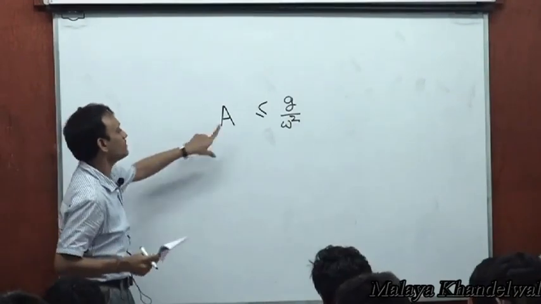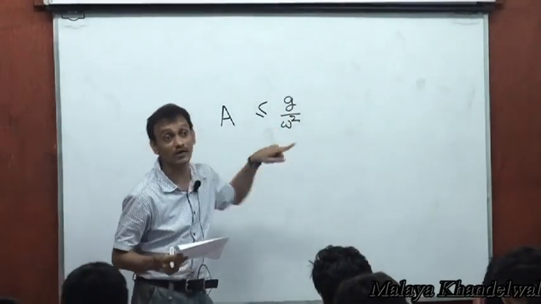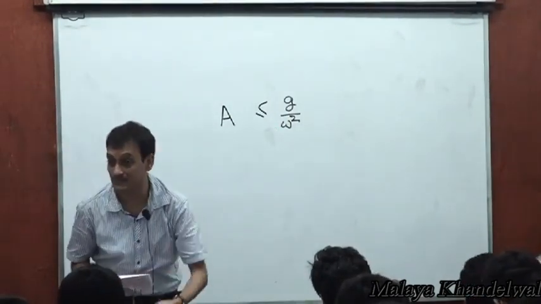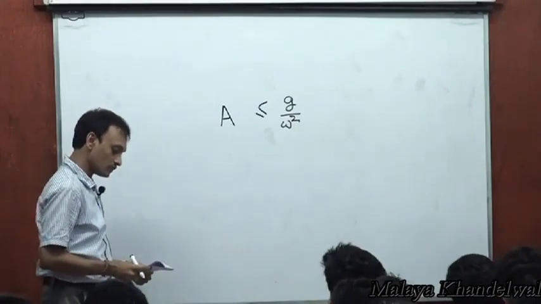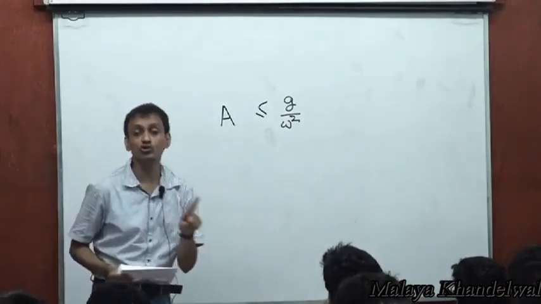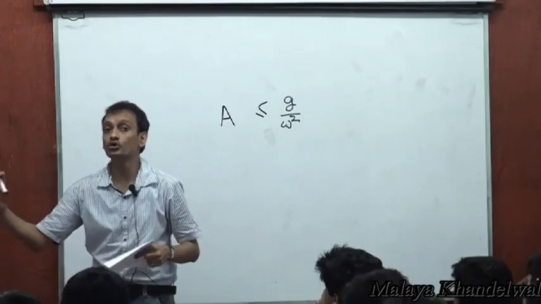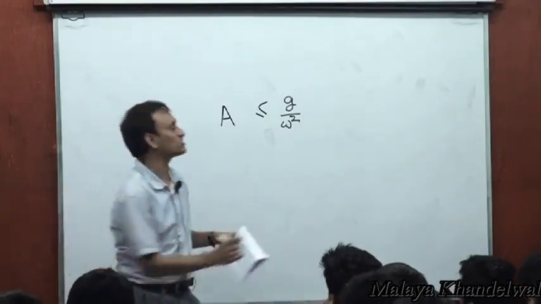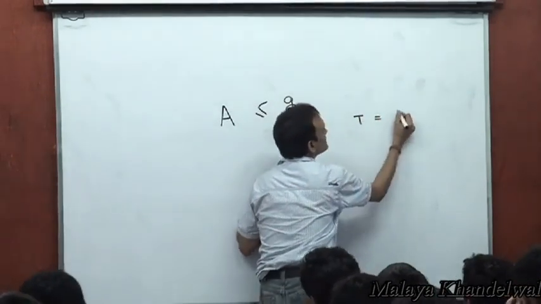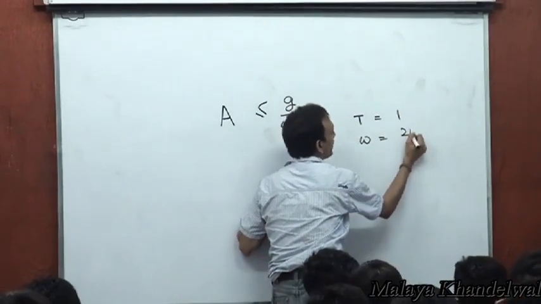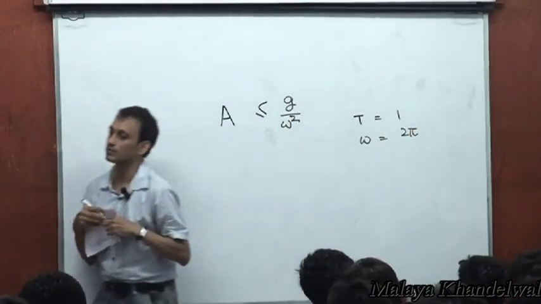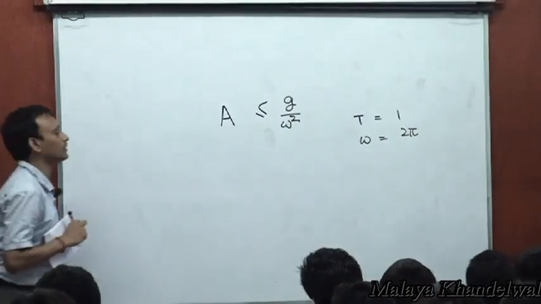That means the maximum amplitude is g by omega squared for the separation not to take place. In this case, you don't have an option of playing with omega, because the time period is given to be 1 second. So omega is 2 pi by time period. So omega is known.